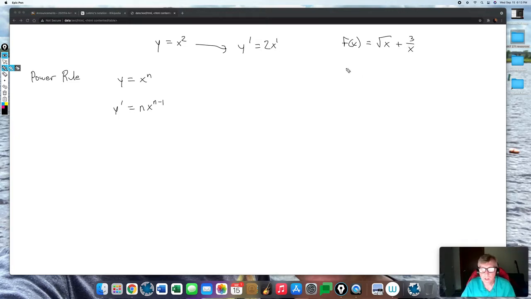I can write this f of x as x to the 1/2, and then 3 over x is 3 times x to the negative first power. Now I have a power with a real number exponent, so I'm going to cross over the algebra border into calculus land.